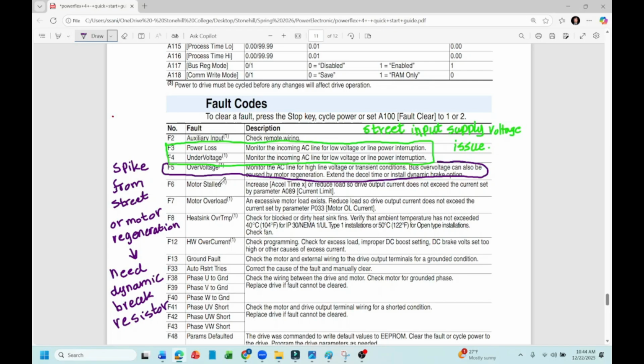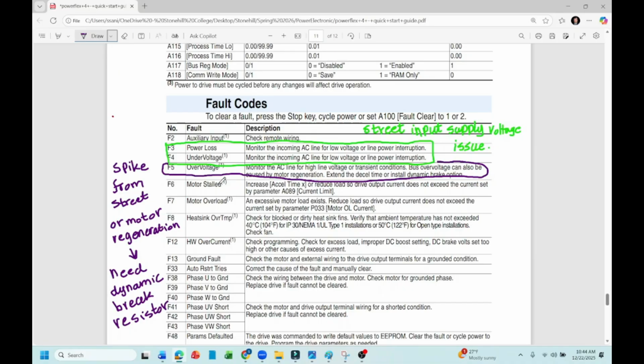F5 is over voltage, so you see this error whenever you get a spike from the street. I don't know if there are some problems over there, or whenever there is thunder or something like that, if you get a spike from the street, you usually get F5.